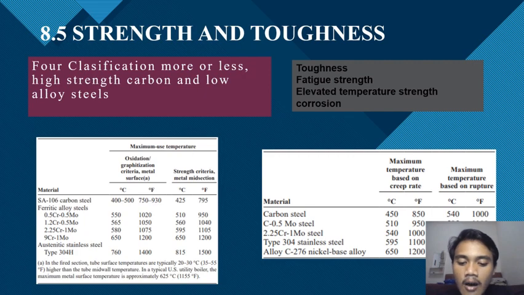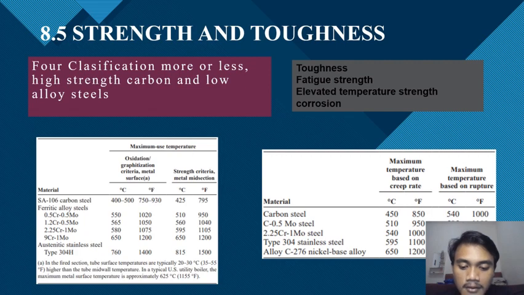Many applications, however, are even more familiar. The maximum use temperature limit of carbon and low alloy steel depends on the application and design criteria. And we can see in Tables 8.7 and 8.8, for example, this maximum use temperature in two specific applications with different design criteria.